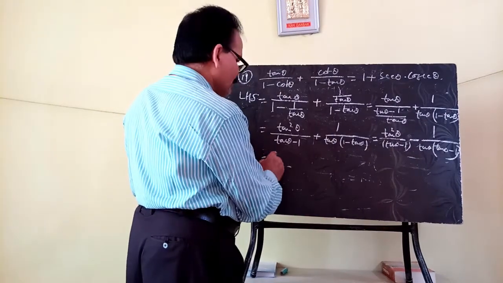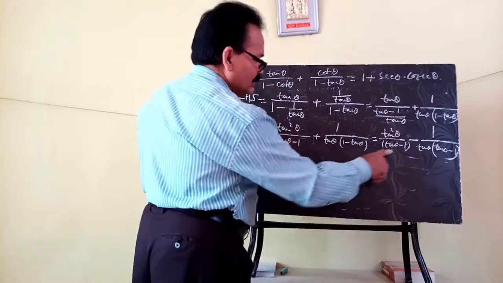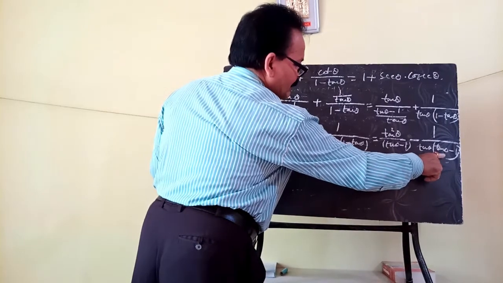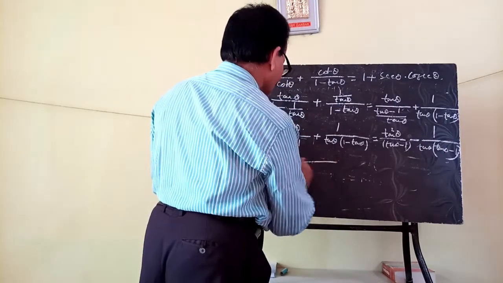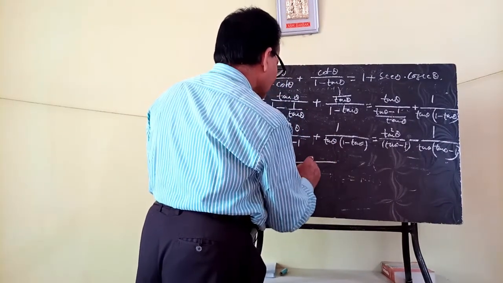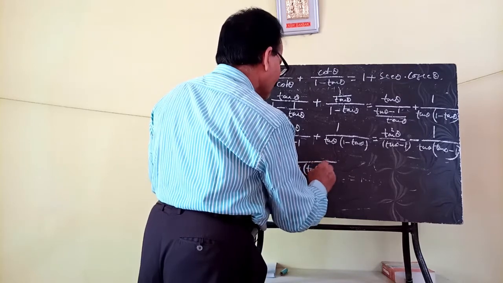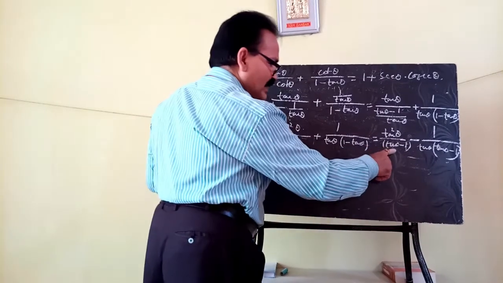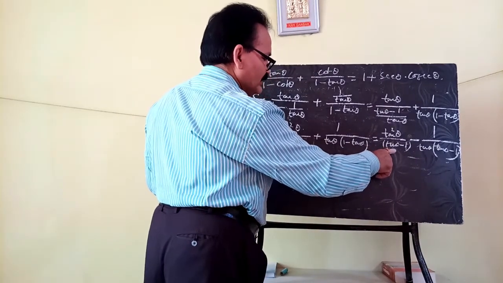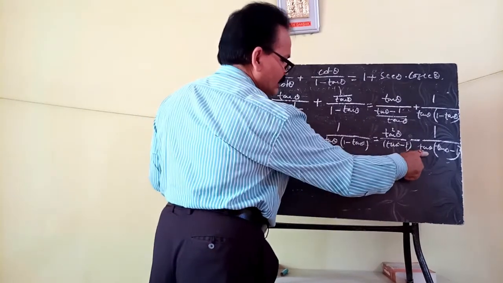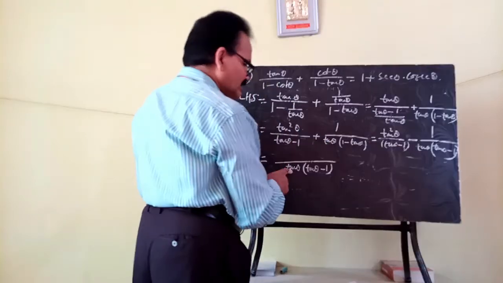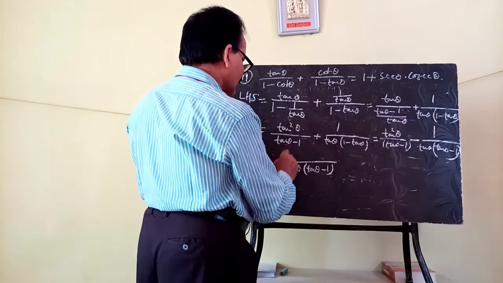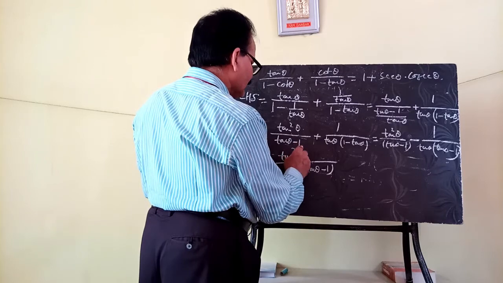So after that, what you will see is tan theta minus 1, tan theta minus 1. So your LCM will be tan theta into tan theta minus 1. This is your final LCM. So when you divide by tan theta minus 1, then only tan theta will remain in the denominator. So this tan theta will multiply with the numerator. So it is your tan cube theta.